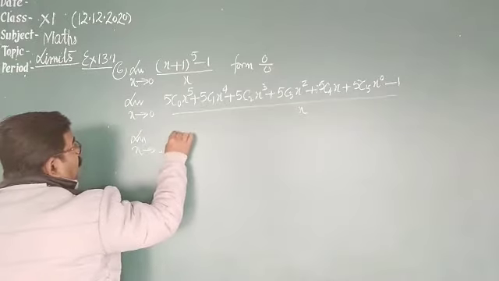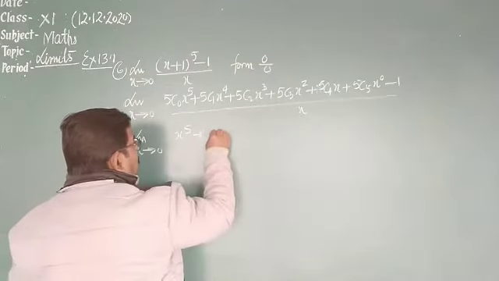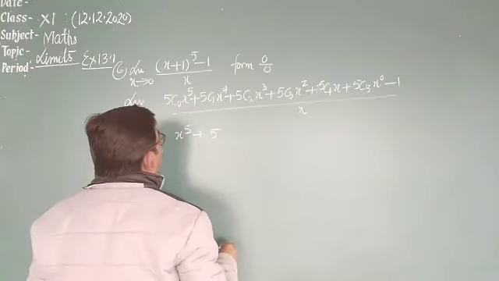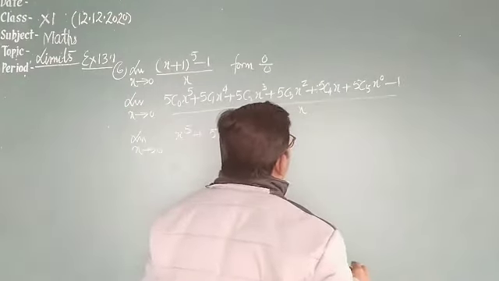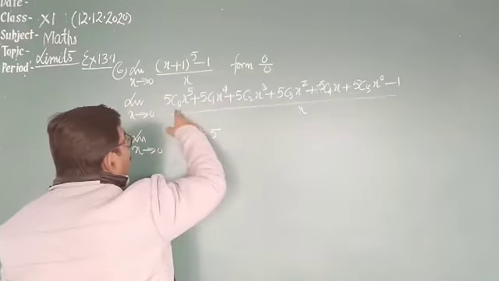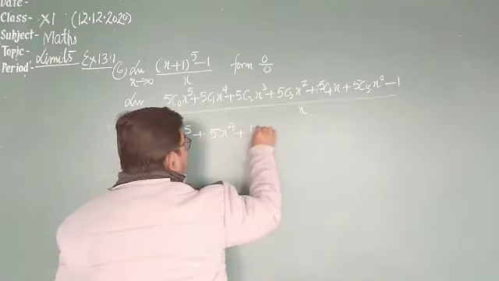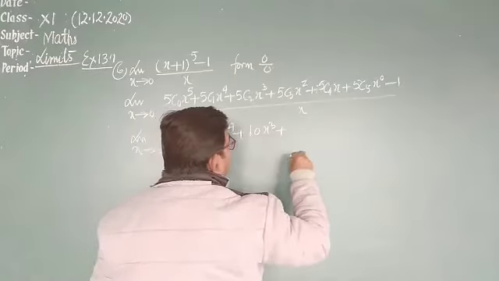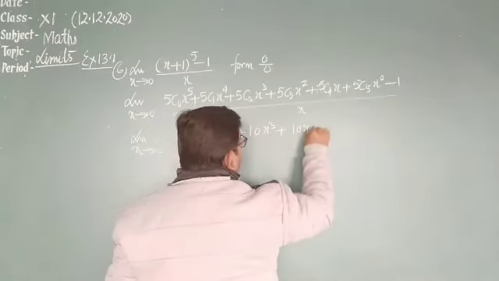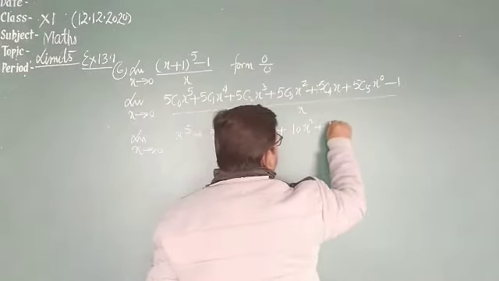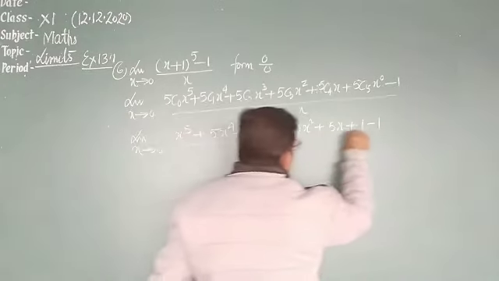So what we have? Limit x tends to 0, this is x to the power 5 plus, see, 5C1 is 5, 5 x to the power 4 plus 5C2 is 10, x cube plus 5C3 is 10 again, 10 x square plus 5C4 is 5x plus 5C5 is 1, minus 1, upon x.